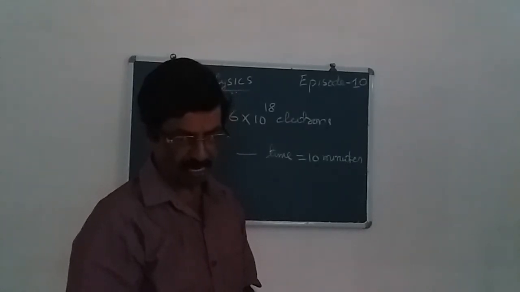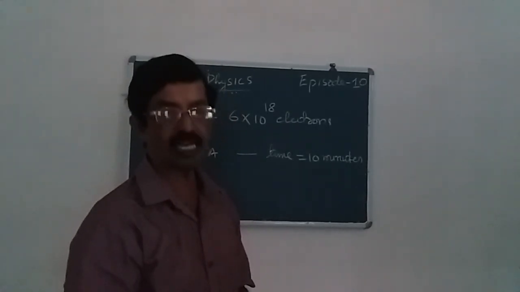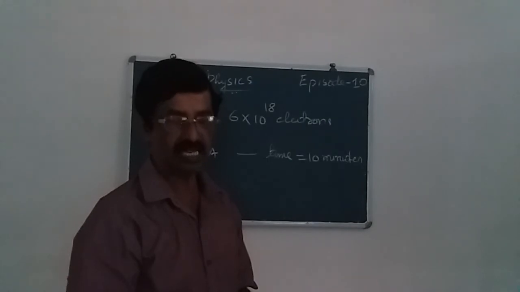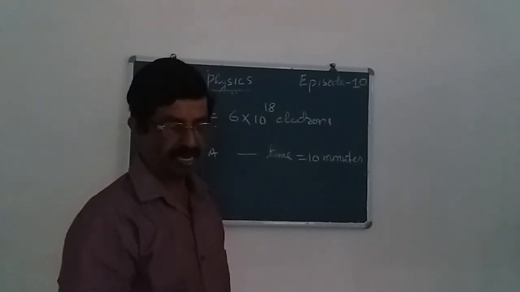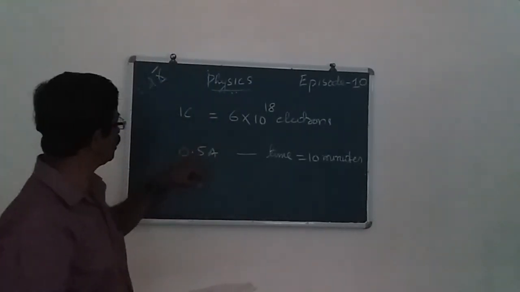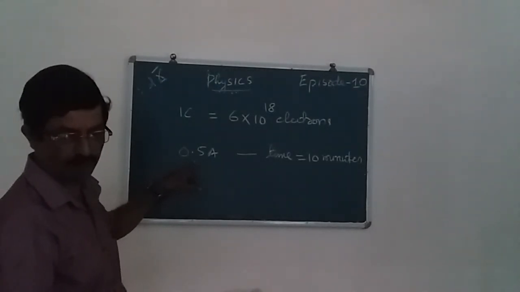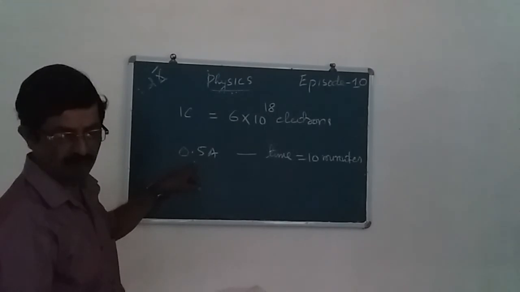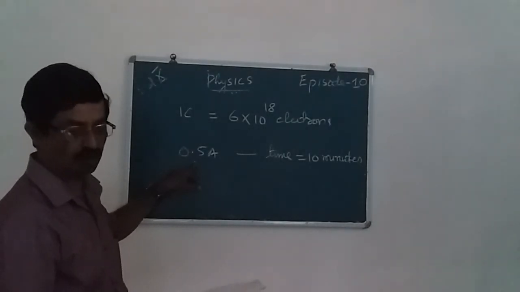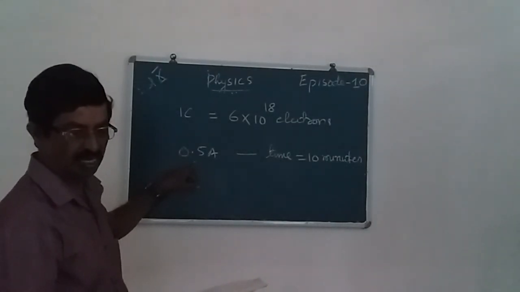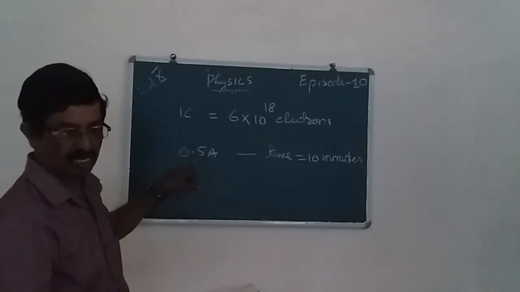Find the amount of electric charge that flows through the conductor. See, the question is here, a current of 0.5 ampere is drawn by a filament of an electric bulb for 10 minutes. Find the amount of electric charge that flows through the circuit.